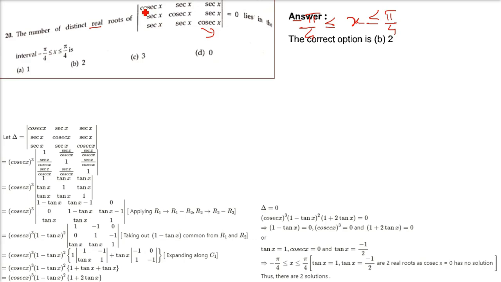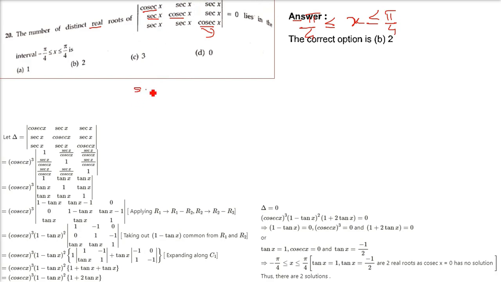Ultimately we need certain terms that can be put as 0, because they are asking about real roots, so we have to make an equation. So cosec x, cosec x, cosec x. As I said, taking sec x may solve this question, because there are multiple ways to solve a question.